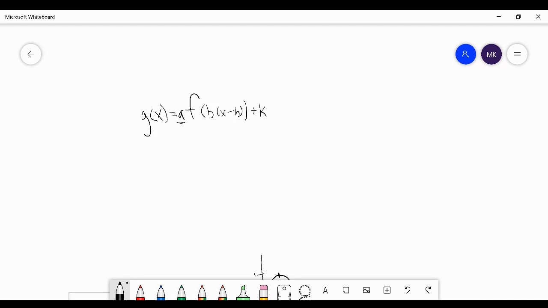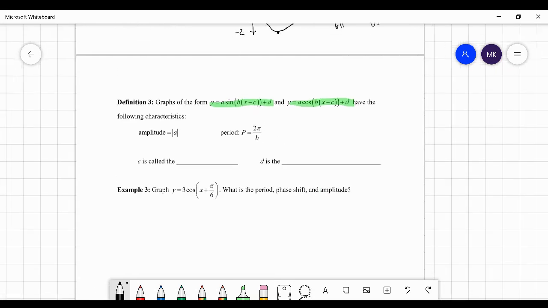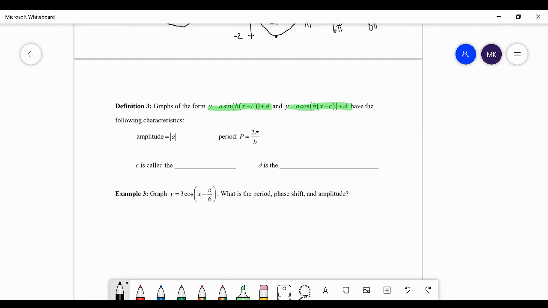We've got this little a here, we've got the b here, we've got that x. And if we look down here, that's exactly the same. The difference is, instead of saying some arbitrary parent function, it's specifically stating the sine and cosine functions. Okay. So as stated before, our amplitude is absolute value of a, and our period is 2 pi over b.